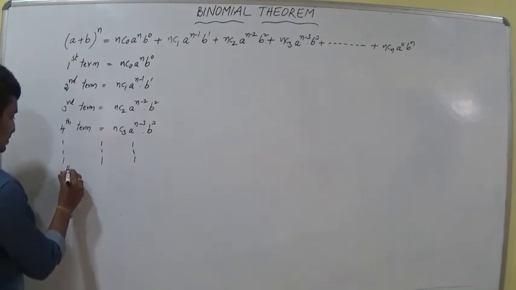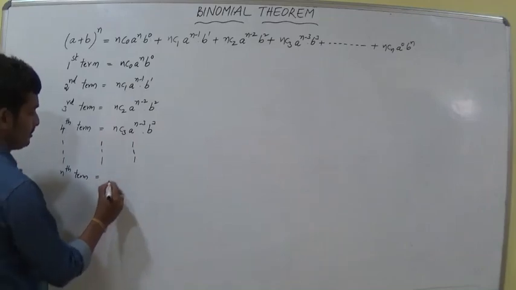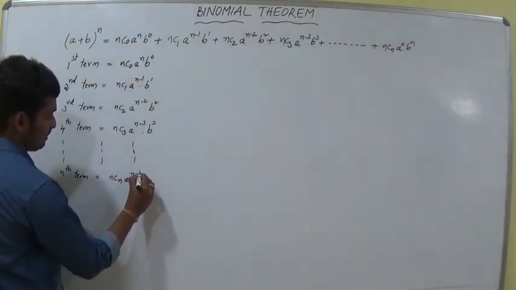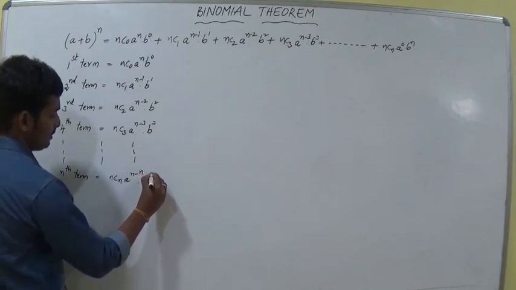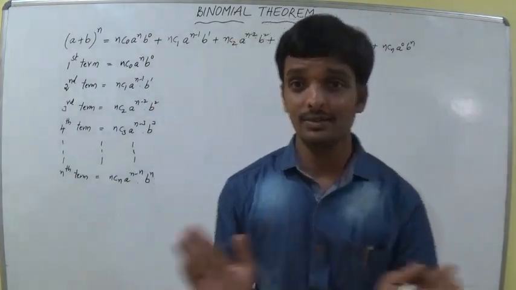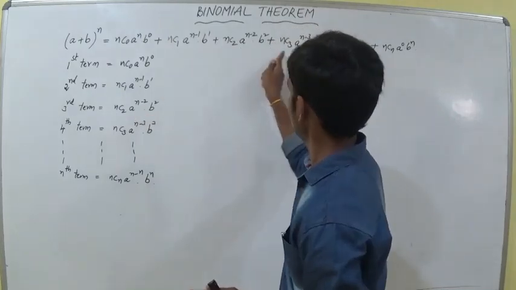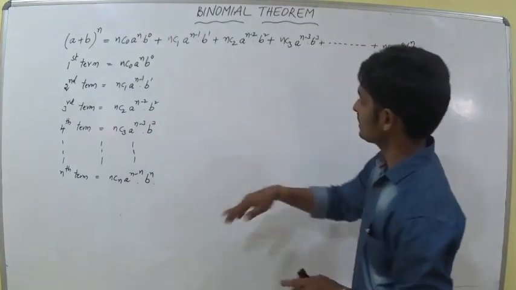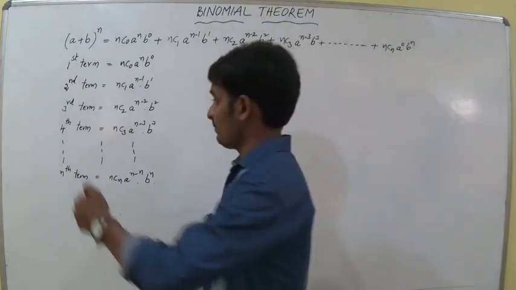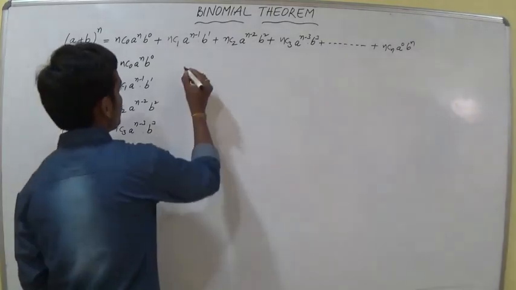The nth term is nCn a power n minus n into b power n. I am just separating the terms: this is the first term, second term, third term, fourth term, and so on. From these terms we have to observe some important points.